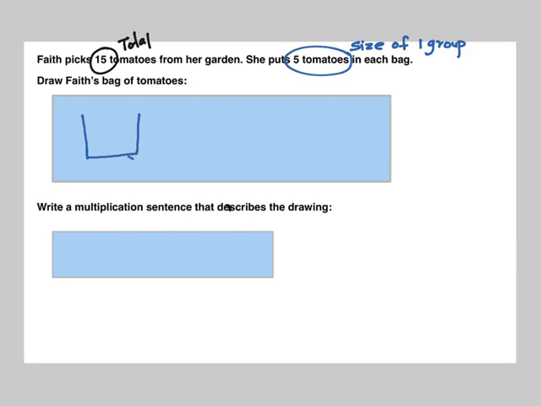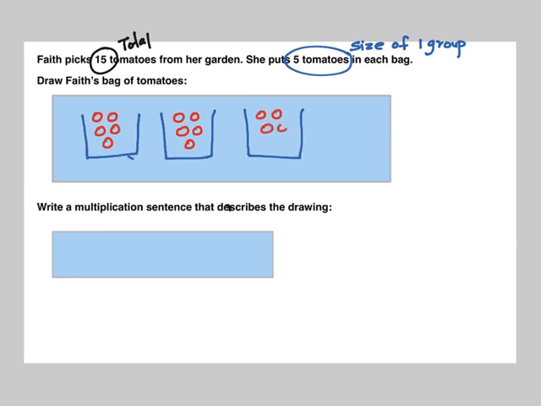So this is the first bag of tomatoes. 1, 2, 3, 4, 5. And this is the second bag of tomatoes. 1, 2, 3, 4, 5. So 5 plus 5 makes 10. This is the third bag of tomatoes. So 10 plus 5 should make 15.